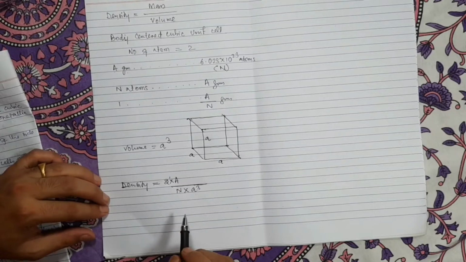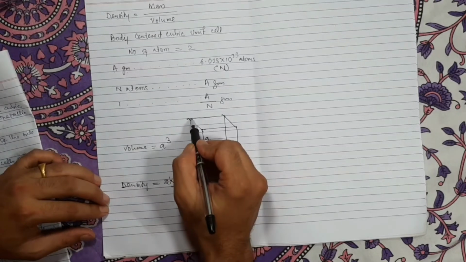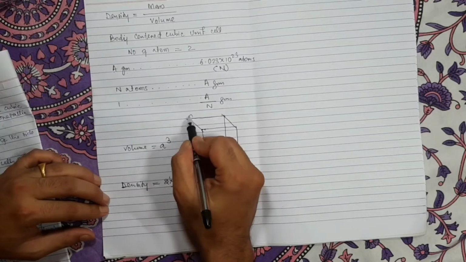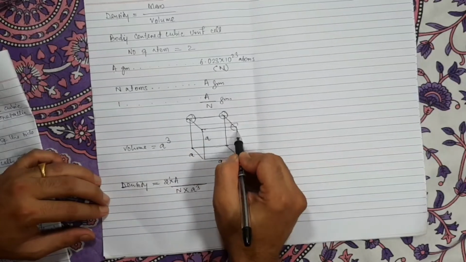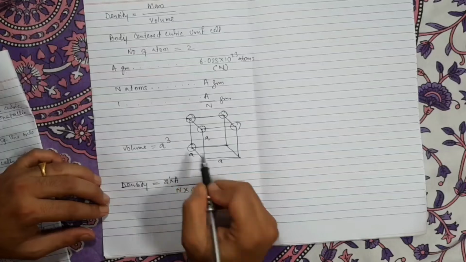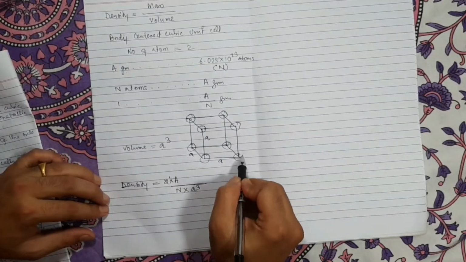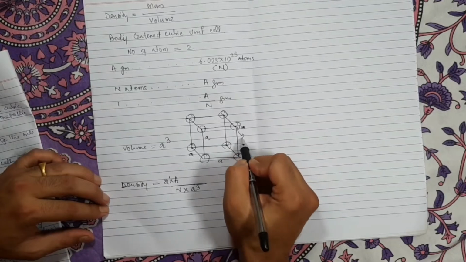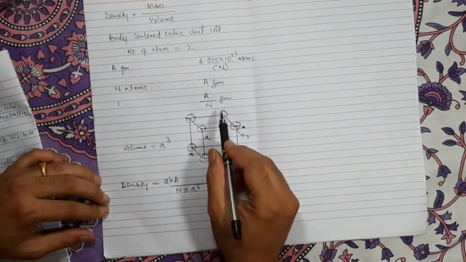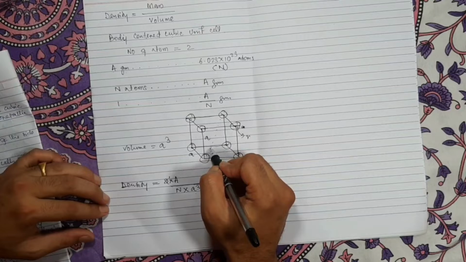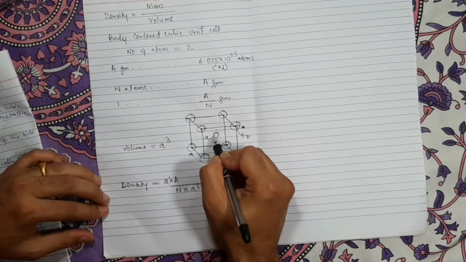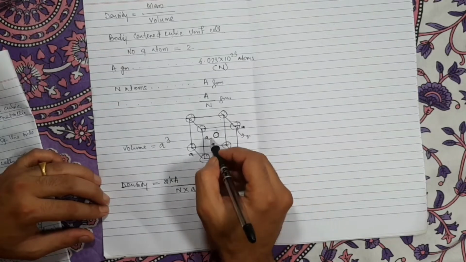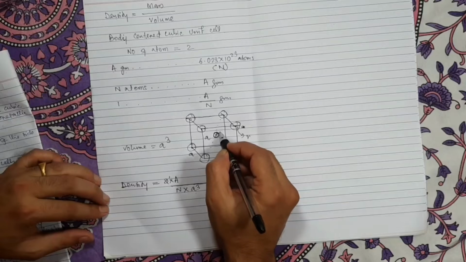Okay. Now, this BCC is made by atoms in the corners of the unit cell, and each atom also has its own radius. Let us say the radius of an atom is written as small r, and in BCC you know that there will be one atom right at the body center of the unit cell. So, the radius of that atom will also be r.